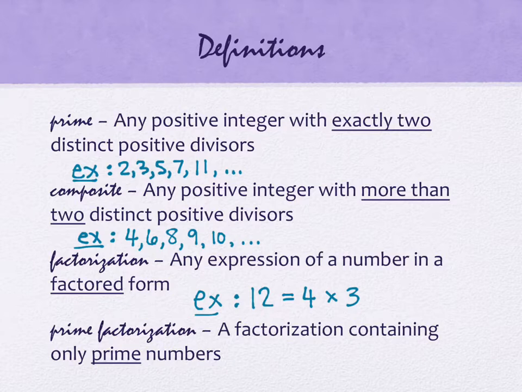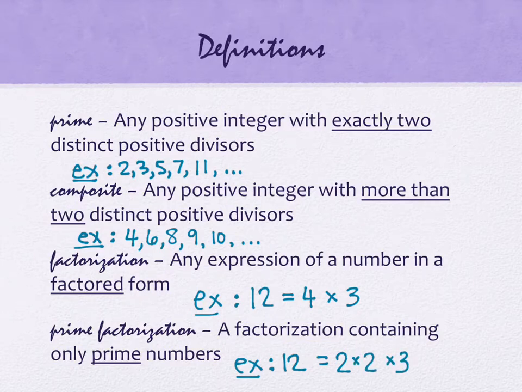But then the ones that we use more frequently are the prime factorizations, where we take all of the pieces and we break them into their prime components. So we can use the same 12 that I had before. And if we were to break the 4 down into 2 times 2, and we still had the 3, all of that also would equal 12.